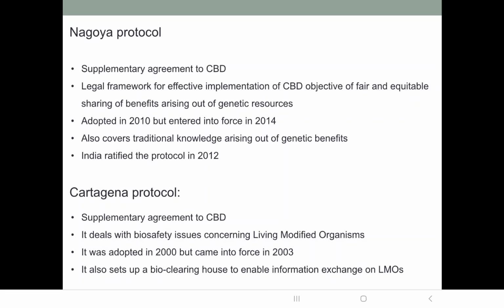Now, this protocol acknowledges access to genetic resources and fair and equitable sharing of benefits arising from the utilization of these genetic resources. What are genetic resources? Genetic resources are basically the living plants, animals, and microorganisms. Many tribal communities have traditional knowledge and expertise with respect to these resources, which are found in the forest or wild.